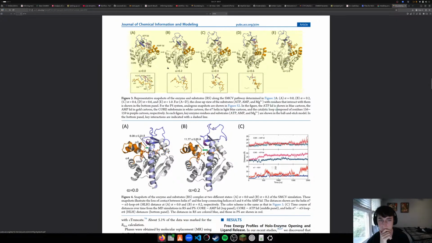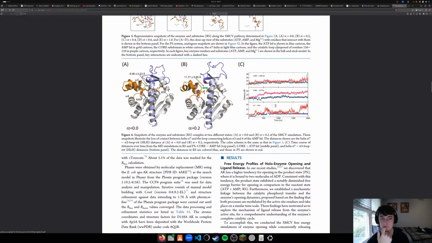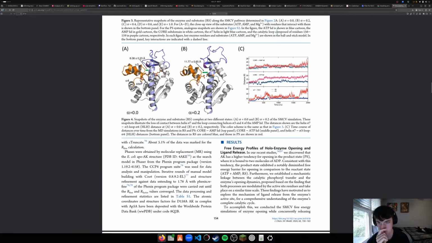Okay. A, B, C, D, E. That's neat. Snapshots of the enzyme and substrates in two different states. A, B, wow. That's cool.